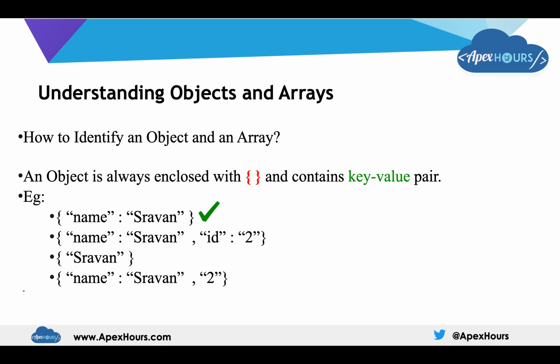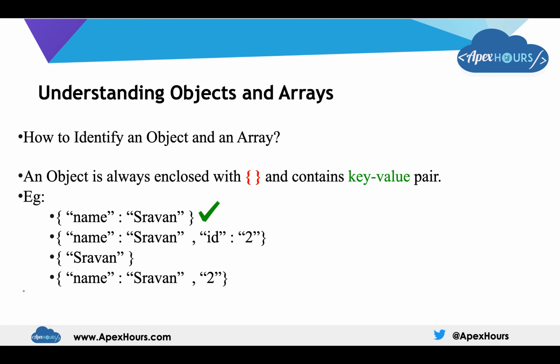Next, go to the second example. Again, the outer side. I see it is enclosed with curly braces, and within this we now have two things. Name Shravan is already there, which we have seen, that is right, but there is one more thing: id colon 2. This id colon 2 is also a key value pair. Now we have two key value pairs within curly braces.